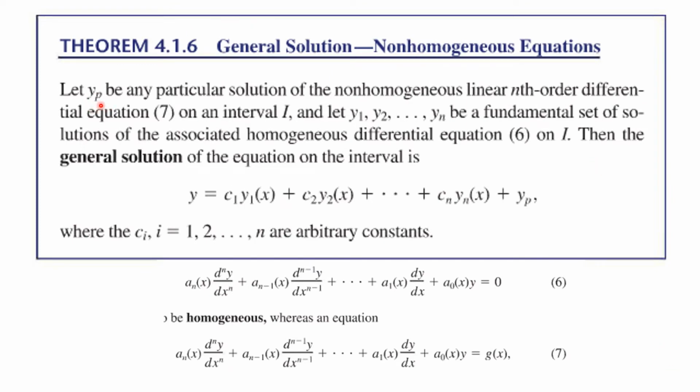So if y sub p is any particular solution of the non-homogeneous differential equation 7, and I show you 7 again down here, and if y1, y2 through yn is a fundamental set of solutions of the associated homogeneous differential equation 6 on I, then the general solution is a linear combination of these linearly independent solutions and y sub p.